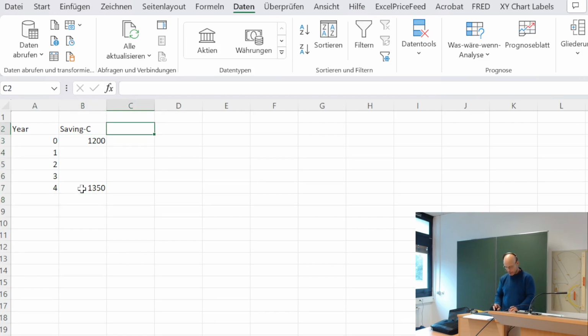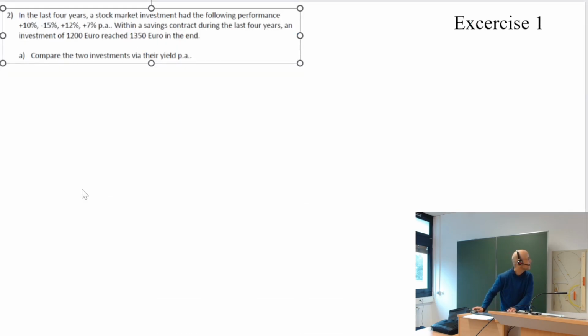What's the information of, let's say, the stocks? After 1 year, I think we had plus 10, minus 15, plus 12, and plus 7.